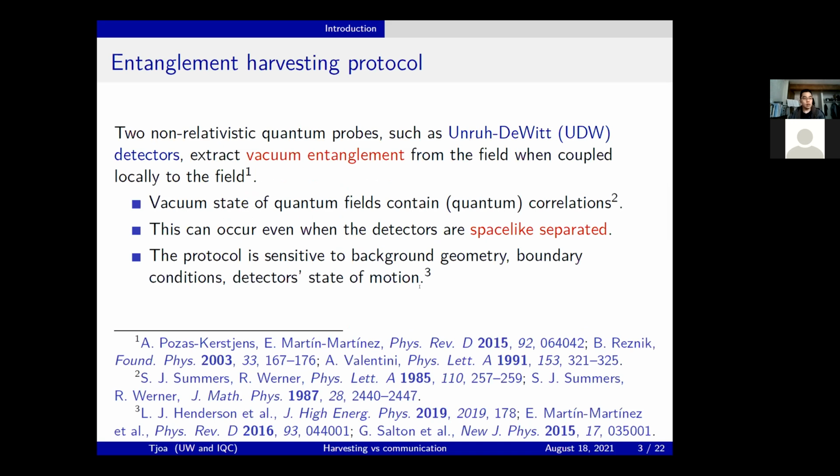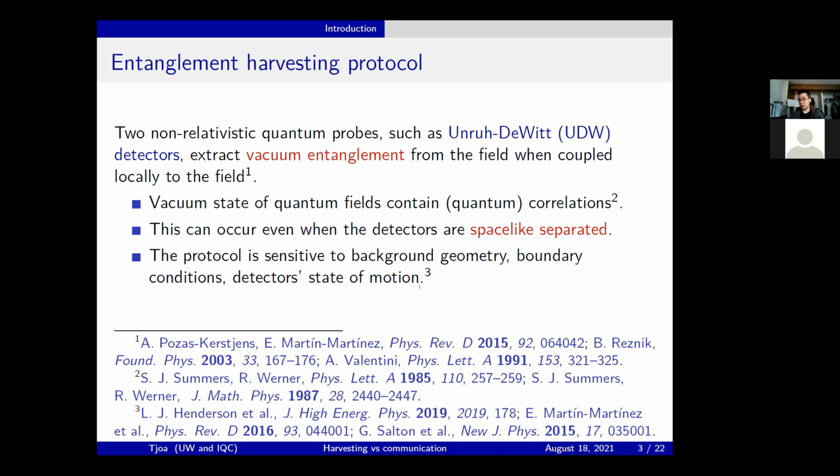What is notable about this protocol is that it relies on the fact that the vacuum state of quantum fields contains a lot of classical and quantum correlations. This is really a deep result from algebraic quantum field theory. And these two detectors can extract this entanglement even when they are space-like separated. This is a result that has been around for at least 6 years now.